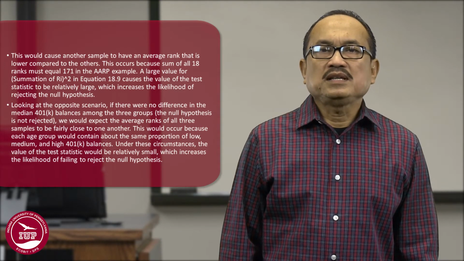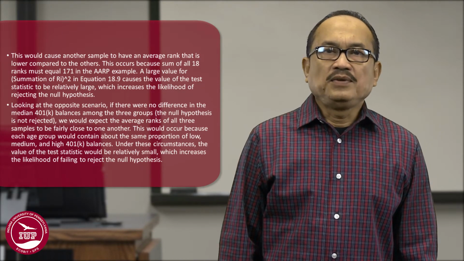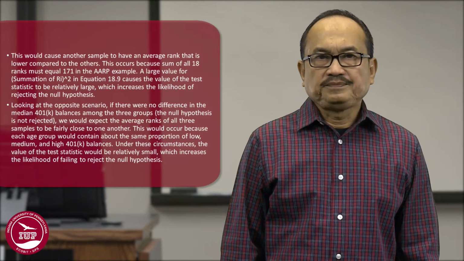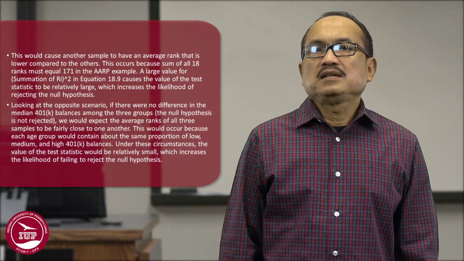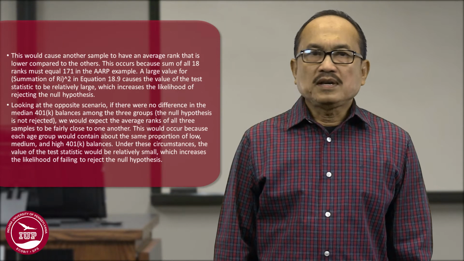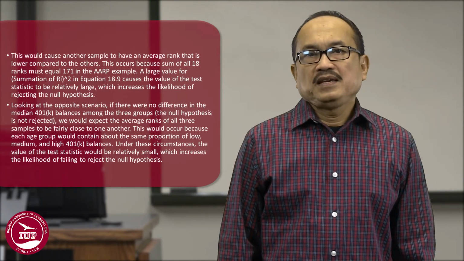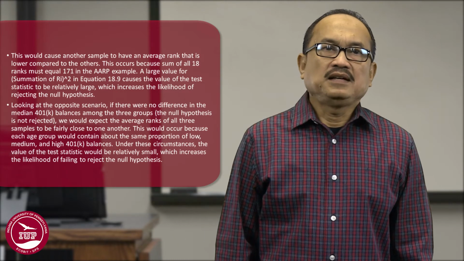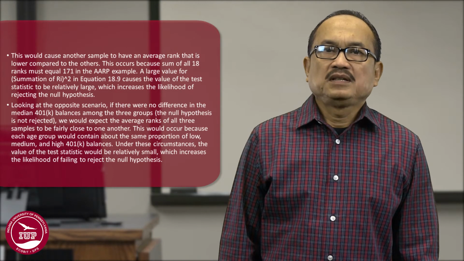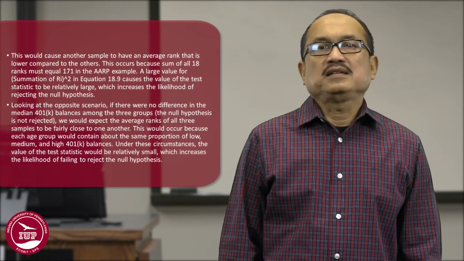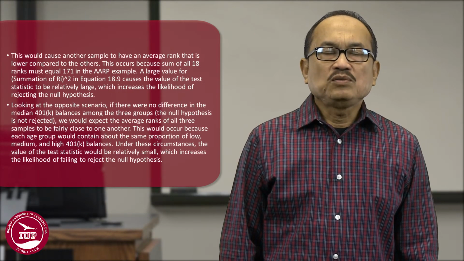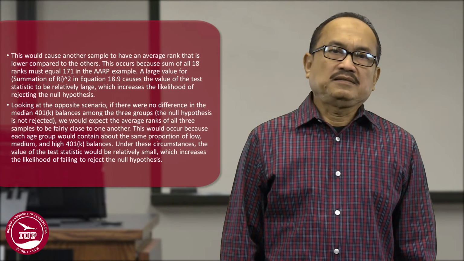A large value for summation of R1 squared in equation 18.9 causes the value of the test statistic to be relatively large, which increases the likelihood of rejecting the null hypothesis. Looking at the opposite scenario, if there were no difference in the median 401k balances among the three groups, or the null hypothesis is not rejected, we would expect the average rank of all three samples to be fairly close to one another.